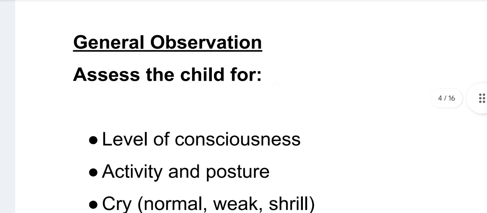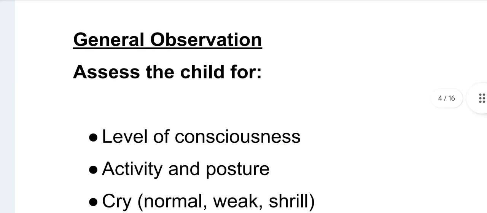Now we want to look at the general observation. On general observation, we are talking about when the mother has just come to the hospital with the child.